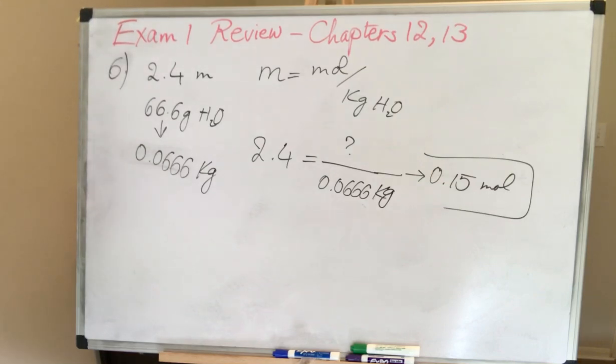Question number 7. What is the molality of a solution prepared by dissolving 9.08 grams of urea in 93.8 grams of water?